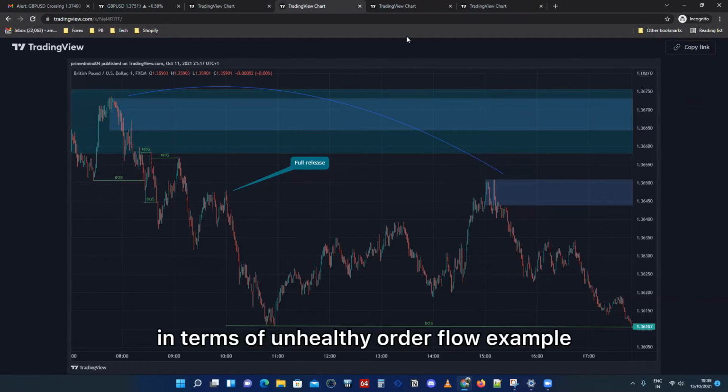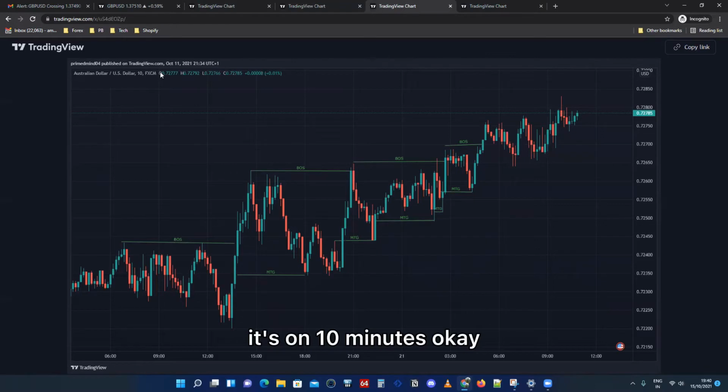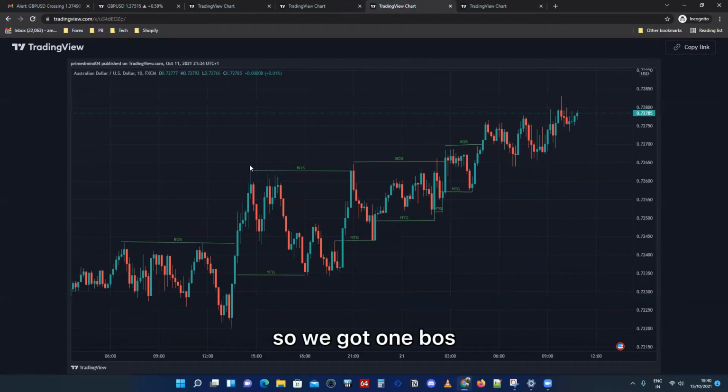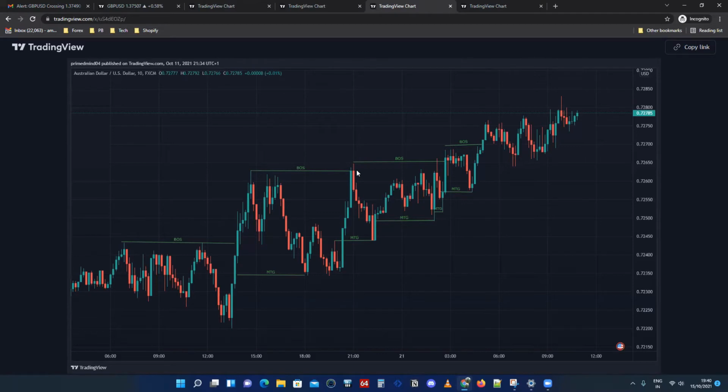In terms of an unhealthy order flow example, here is one I found: Australian dollar and US dollar on the 10-minute, but you can use any time frame. This was for a buy, and it's reacting from some POI here. We got one BOS. It's mitigating some inefficiency here, not an order block, and then it causes a new break of structure.